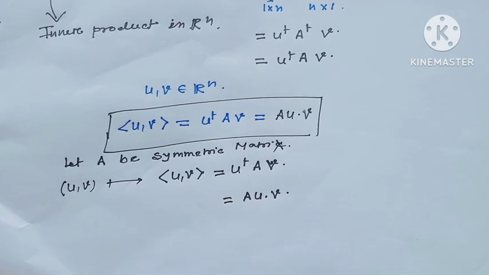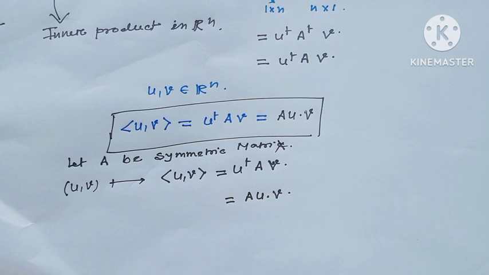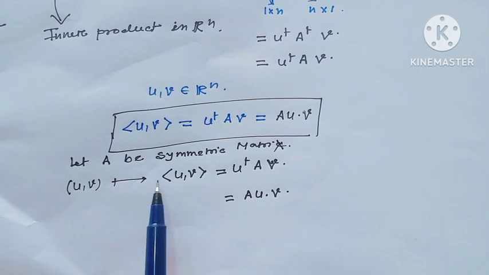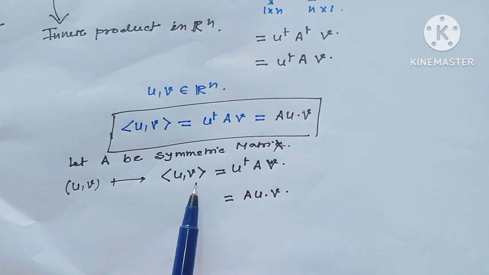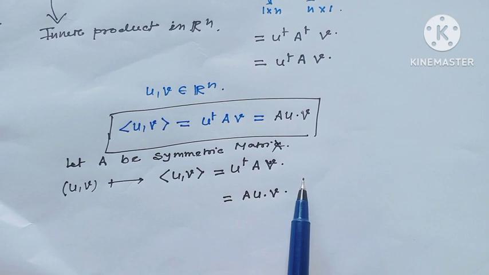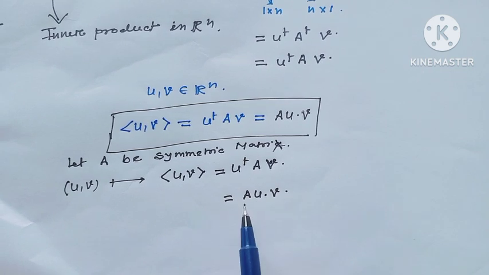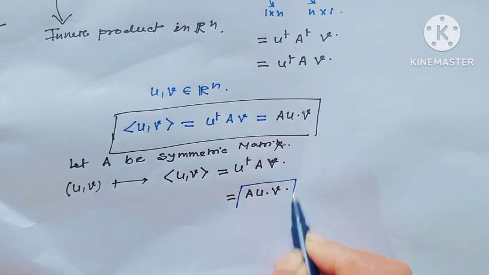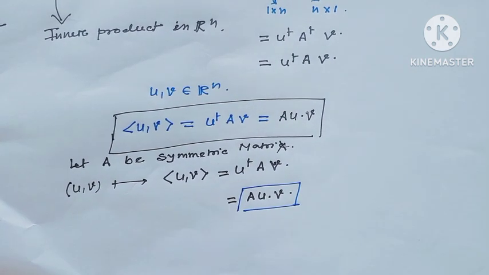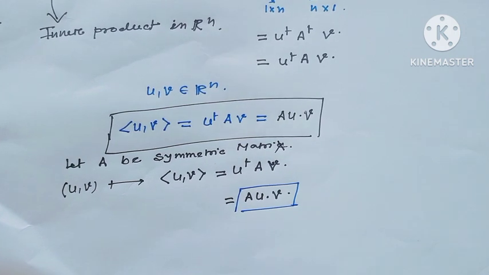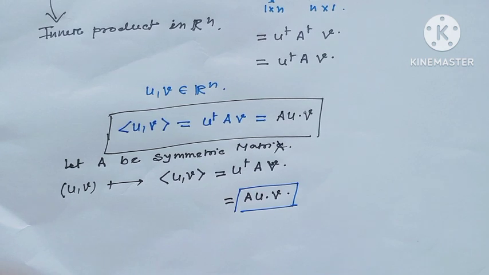Therefore let A be a symmetric matrix, then the inner product UV is actually U transpose AV, and U transpose AV means AU dotted with V. Therefore inner product UV, we can write as AU dotted with V.